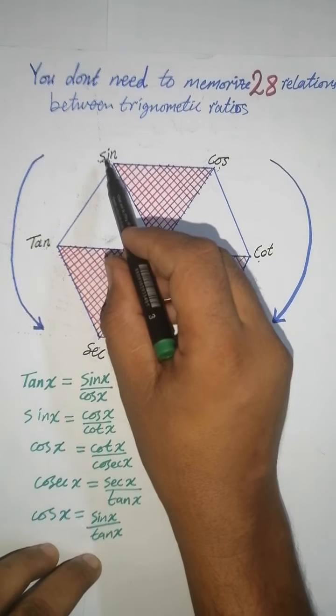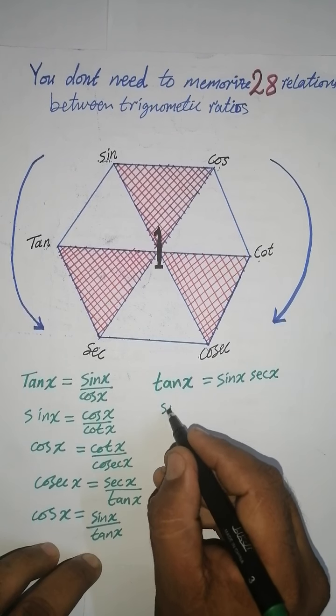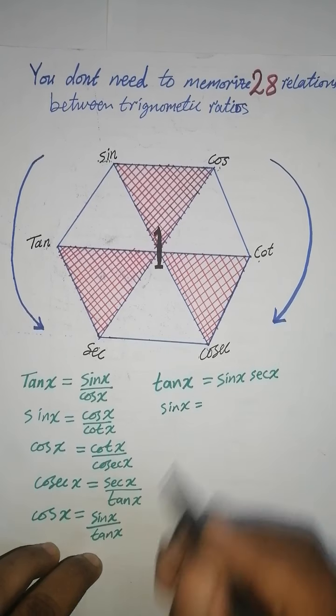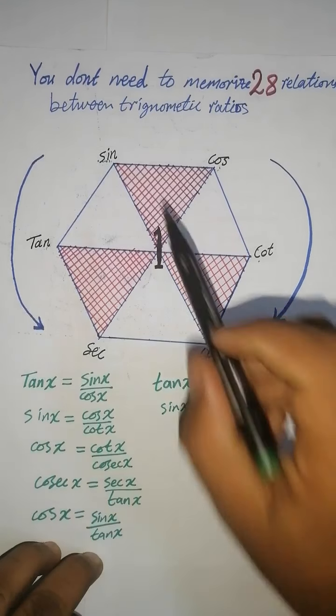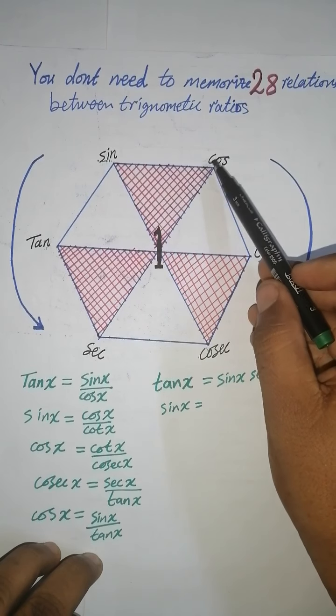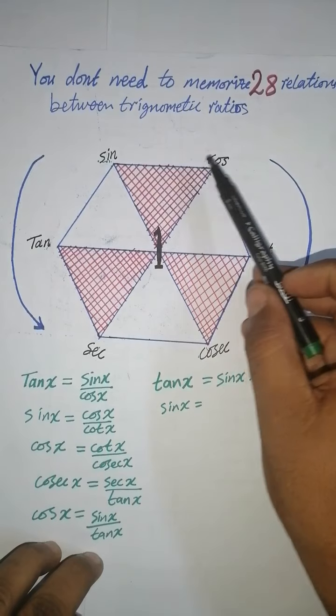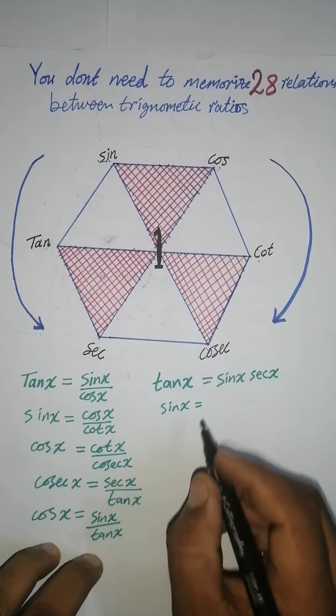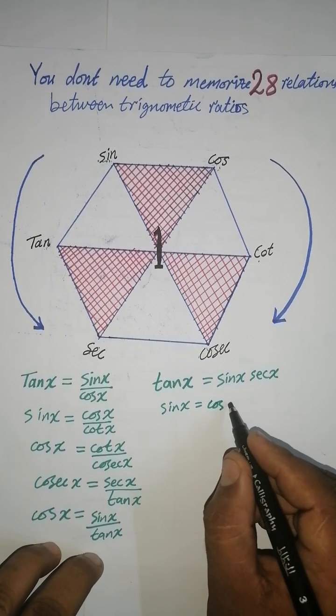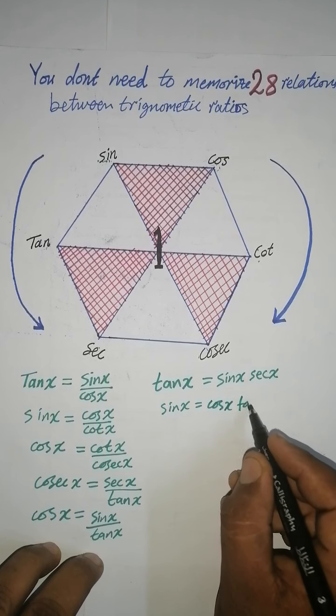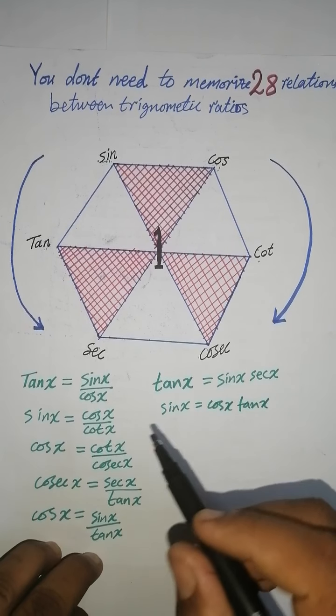Okay, let us say sine x. What's to the right and what is to the left? For sine, to the right is cosine, and to the left is tan. So sine equals cosine by tan, equals cosine x by tan x. Choose anyone.